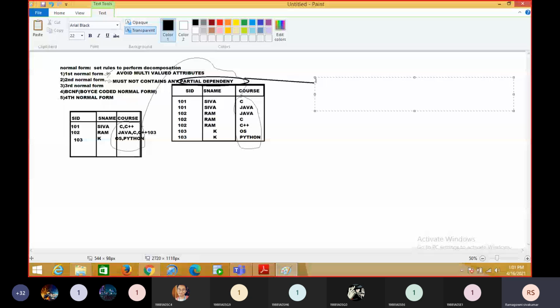Non-prime attributes are fully functionally dependent on the key.